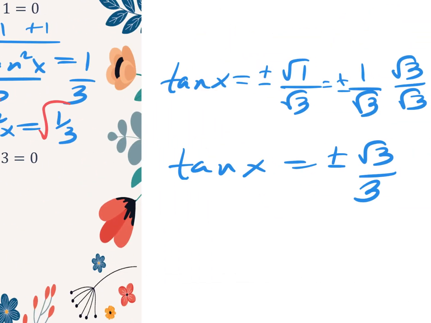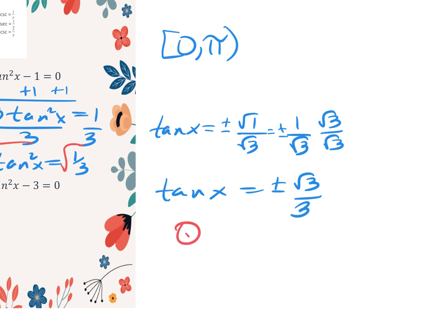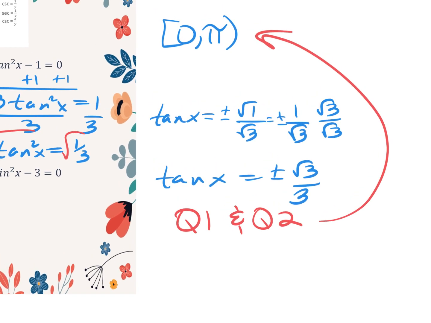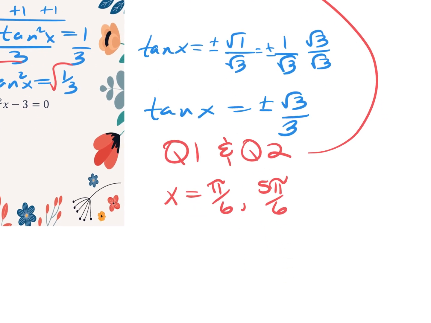My x values, again, tangent is only looking in quadrants 1 and 2 because the restriction is going to be from 0 to pi. So this answer is going to be pi/6 and 5pi/6. And again, if they wanted the general form, for tangent, it's not 2 pi, it's just n pi.